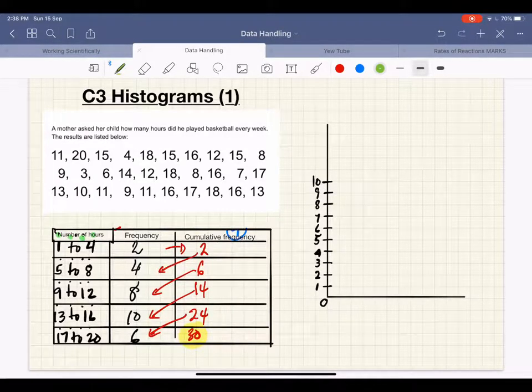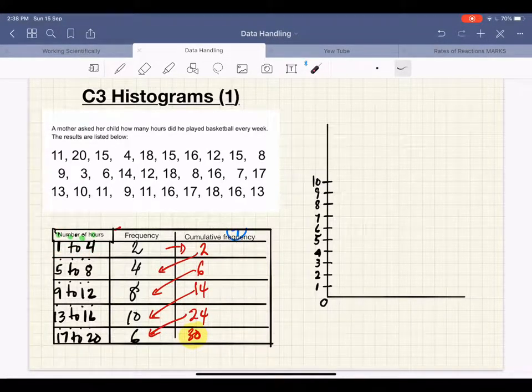So we cannot start right here, because a lot of you started at this point, connecting it to the y-axis. You cannot do that unless the first value of your class is 0. But it's not. It's 1.